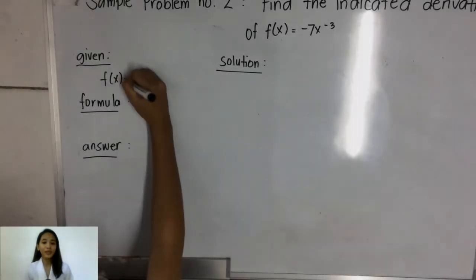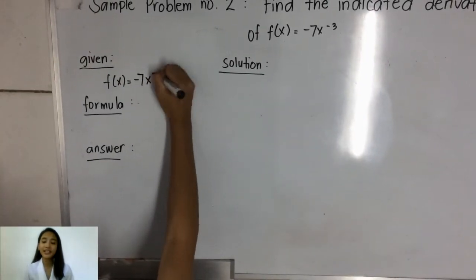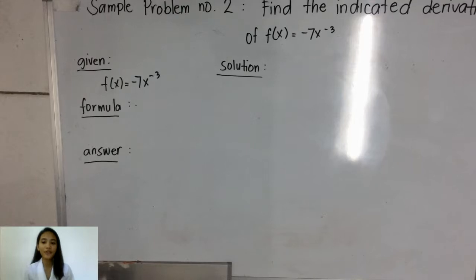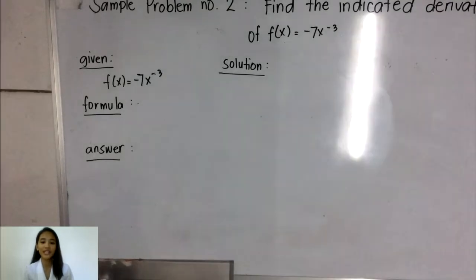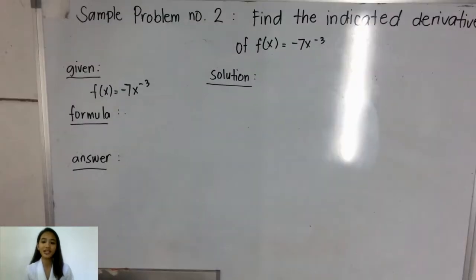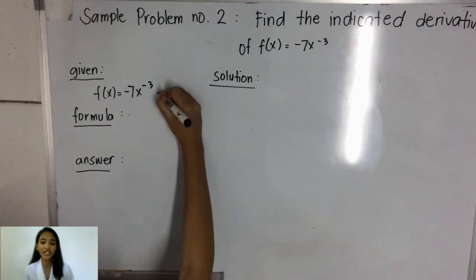For the second problem, we have here, find the indicated derivative of f of x equals negative 7x raised to negative 3. The given problem wants us to find the required derivative for the said equation. Before finding the indicated derivative, we must first keep in mind that the given equation has a negative exponent.